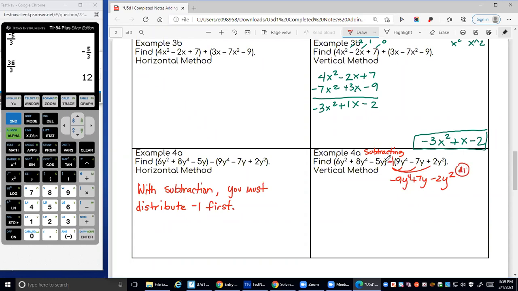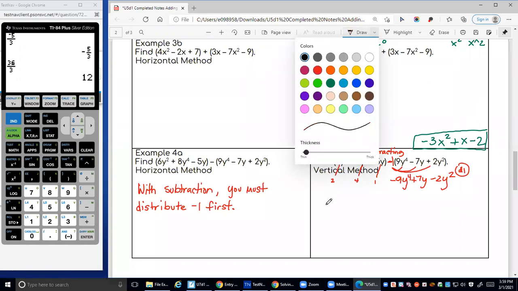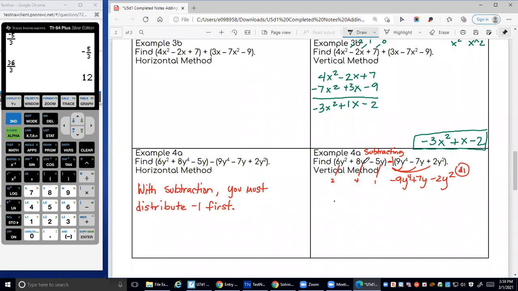Now we're going to take all of these options here and we're going to stack them up. Now keep in mind, this has a degree of 2, this has a degree of 4, and this has a degree of 1. So we are definitely going to have to write that in standard form, which means that we take the biggest one first, 8y to the fourth. Okay, now notice I don't have a 3.